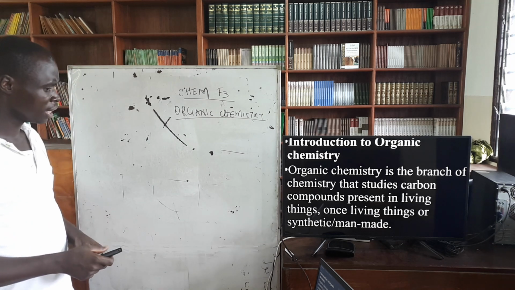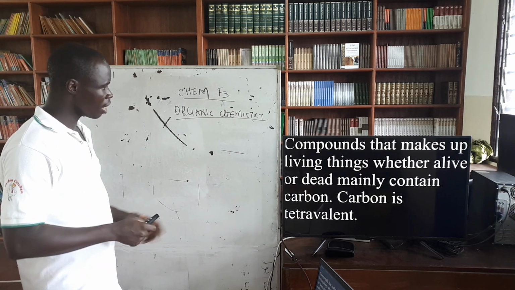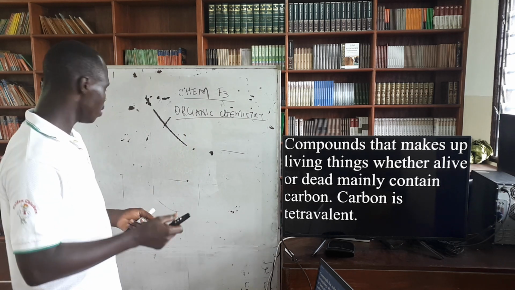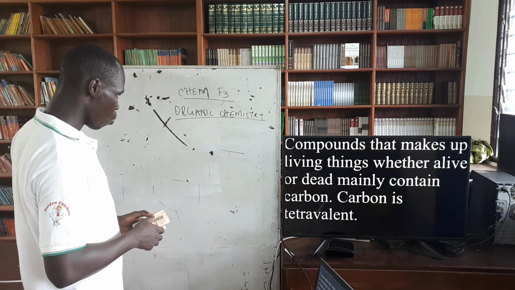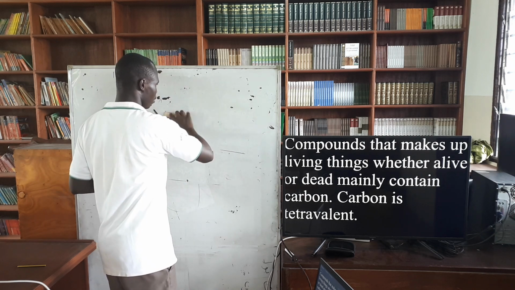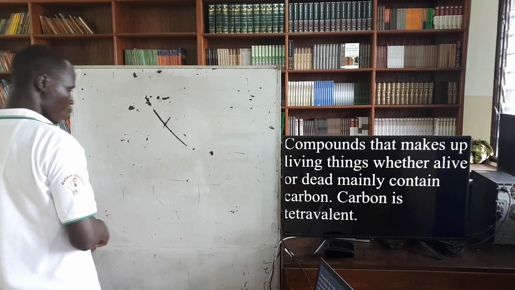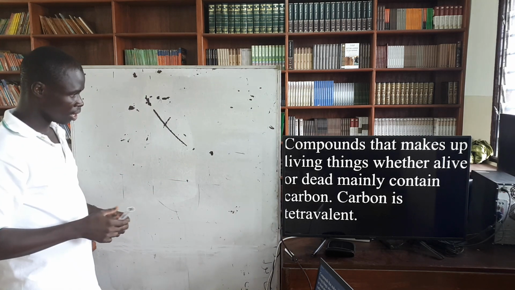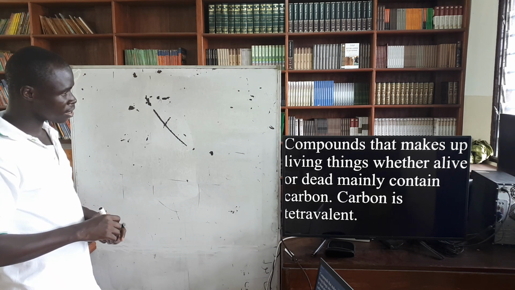Now, as I said, compounds that make up living things are made of carbon, whether living or dead. One possibility why carbon is this way, we're going to study it and its structure.